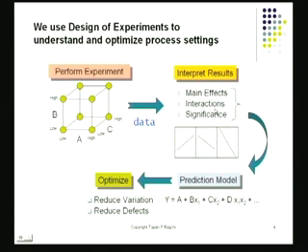Similarly, I can also find out about interaction between these factor effects. And also I can find the significance of these effects.